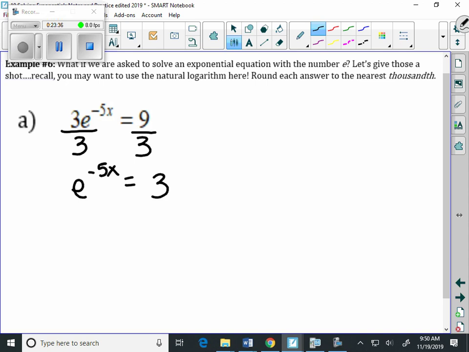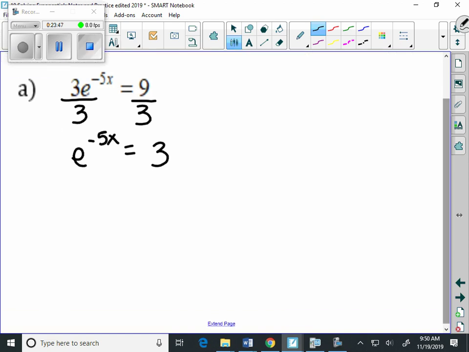But by the way, you can use log, the common log on here, but because it is an e, we tend to use the natural logarithm, which is the ln. It's going to be the natural log of e to the negative 5x equals the natural log of 3.